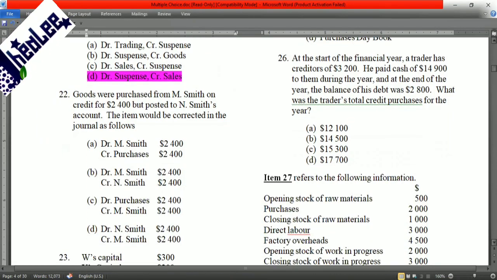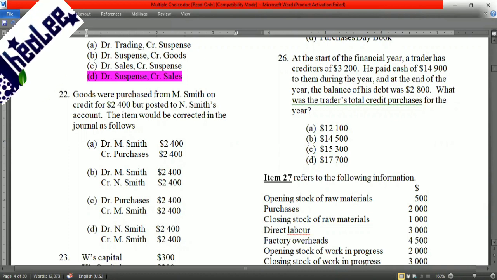Goods were purchased from M. Smith on credit for $2,400, but posted to N. Smith's account. The item would be corrected in the journal as follows. So we need to take the amount out of N. Smith's account and place it in M. Smith's. In fact, this type of error is referred to as error of commission.